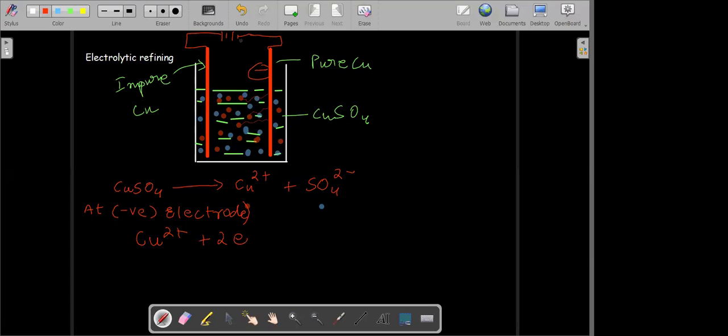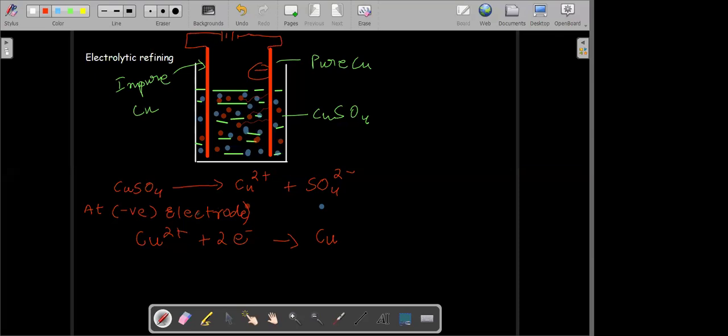The battery is continuously supplying the electrons, and the electrons are traveling through the wire. So this pure copper has some electrons on it, and they attract the positive copper ions from the solution. The positive copper ions get attracted to these 2 electrons, get neutralized and form copper atoms. So neutral copper atoms are formed at the negative electrode and they stick to the electrode.